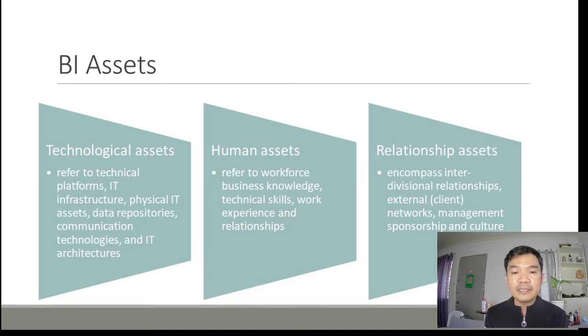The second part is human assets. These are the workforce of the business: knowledge, skills, work experience, and relationships. So we're looking at an individual human being as one of the human assets. That means we are checking if the organization is actually capable, whether we have knowledge about business intelligence applications and orientation, or applications of BI and analytics in the organization.